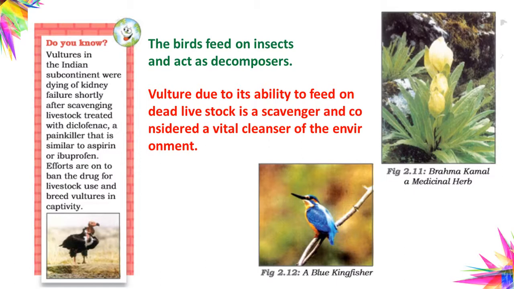We all know that the vulture, due to its ability to feed on dead livestock, is a scavenger and is considered a vital cleanser of the environment. If these vultures are endangered, there is nobody to clean the environment. If any animal dies in your surroundings, you or somebody else will take it and bury it.